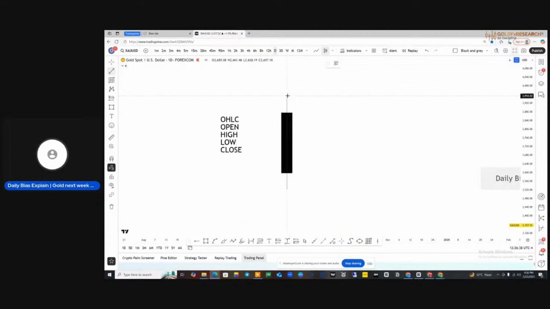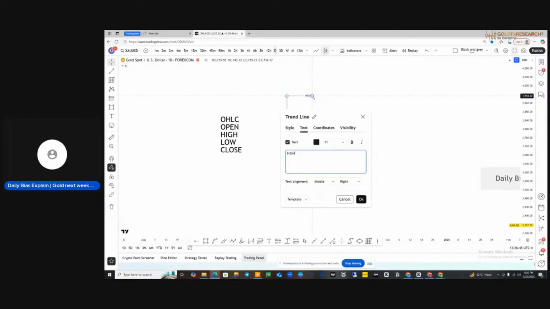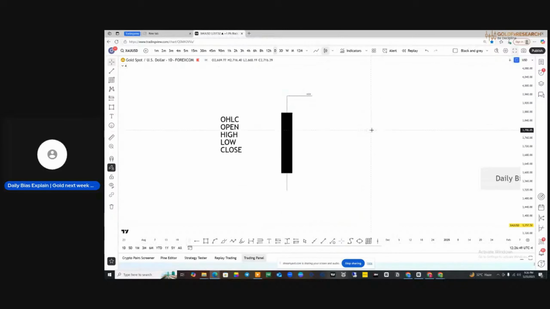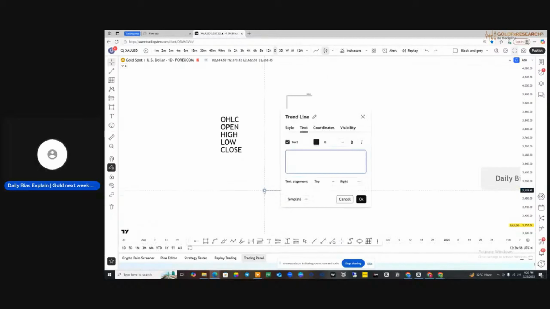In this way, what will the upper part of the candle's wick show you? It will show the high, that's the point. What will the bottom point of the candle's wick show you? It will show the low, something like that.